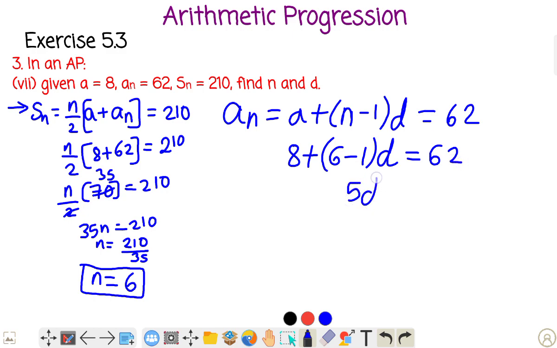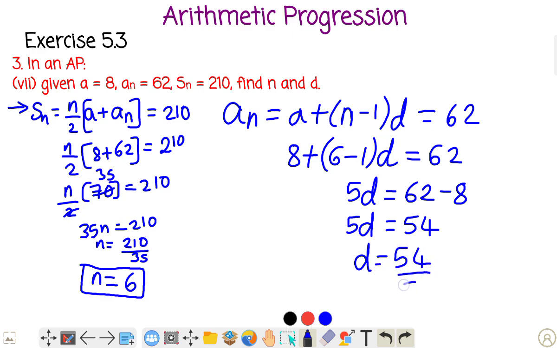So 5d is equal to 62 minus 8. So we will get how much? 62 minus 8, I'll get 54. So 5d is equal to 54, so d will be equal to 54 by 5. This is the required d value. So I hope this is clear.